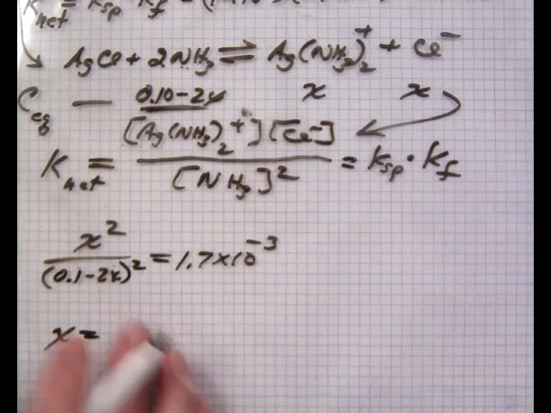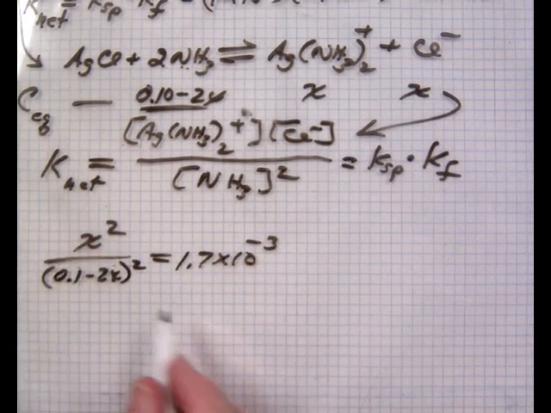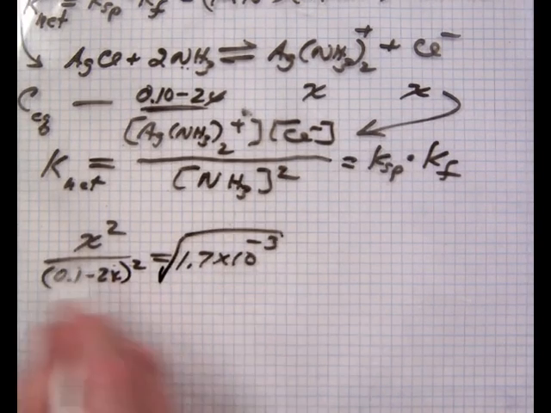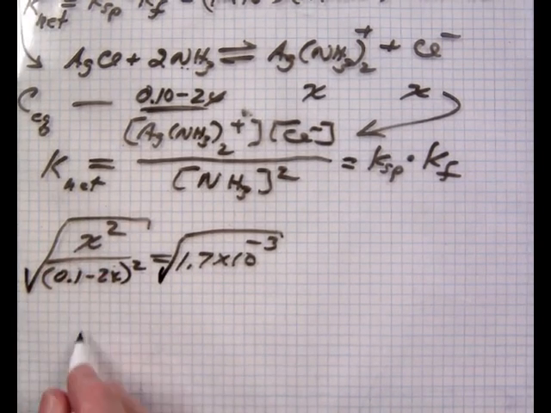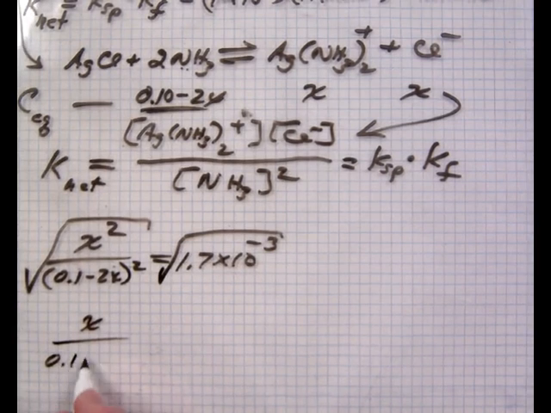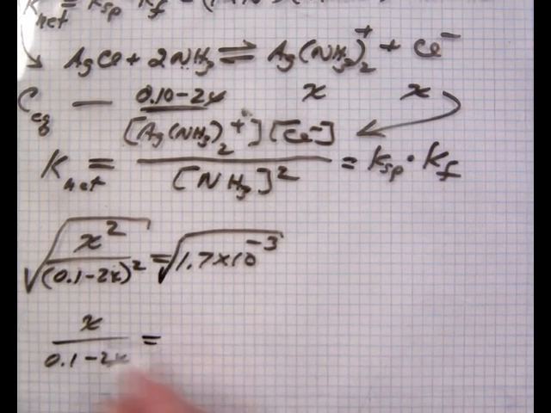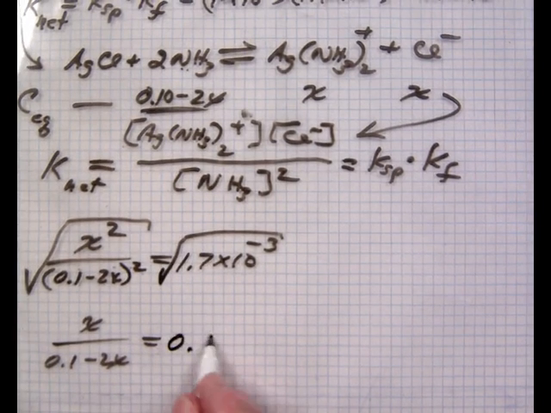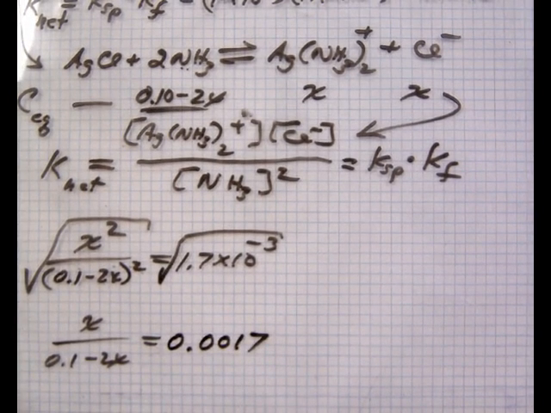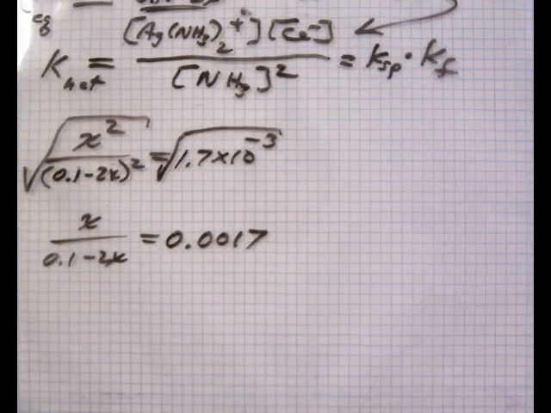So we take the square root of both sides, and this gives us X over 0.1 minus 2X equal to 0.0017. Now we're in a position to solve for X, and X represents the solubility.